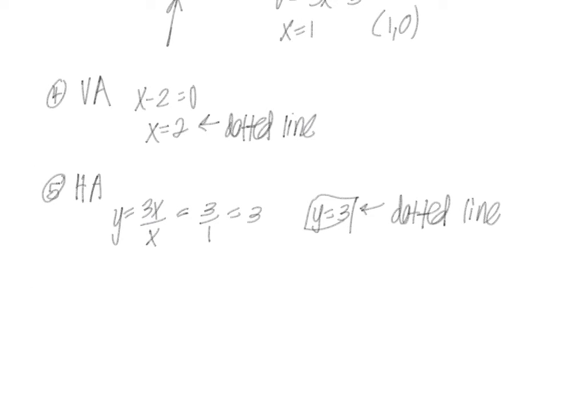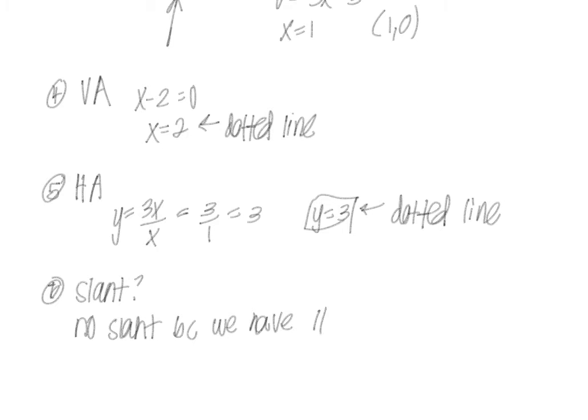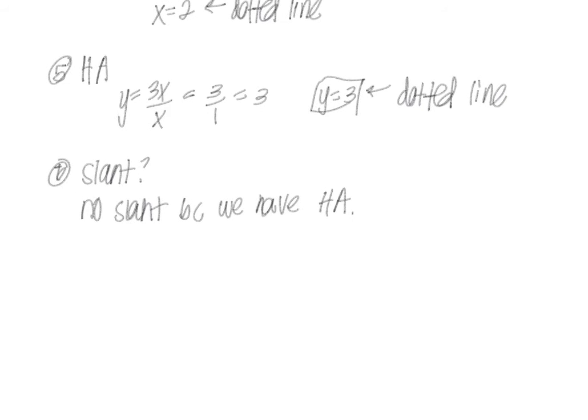So since there is a horizontal asymptote, there is not a slant asymptote. But do remember, in order for there to be a slant asymptote, the degree of the numerator has to be 1 more than the degree of the denominator.